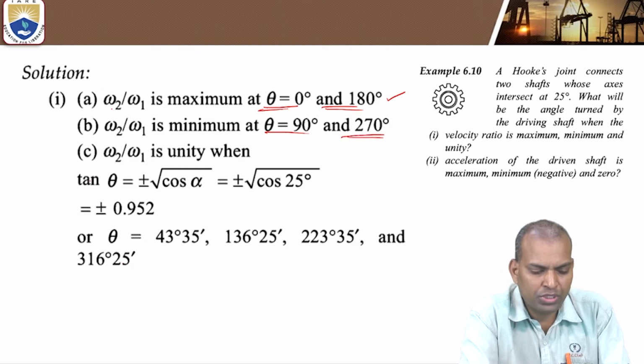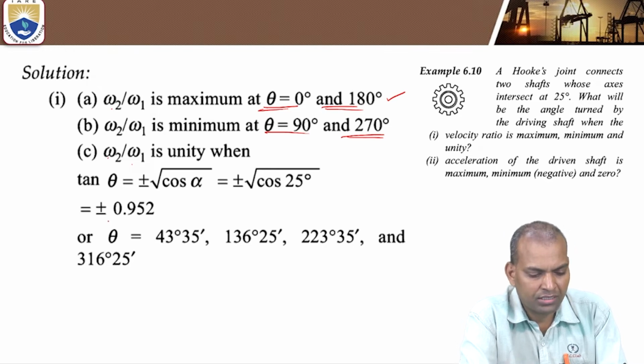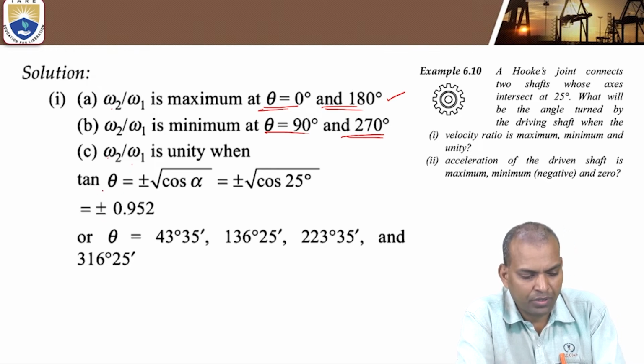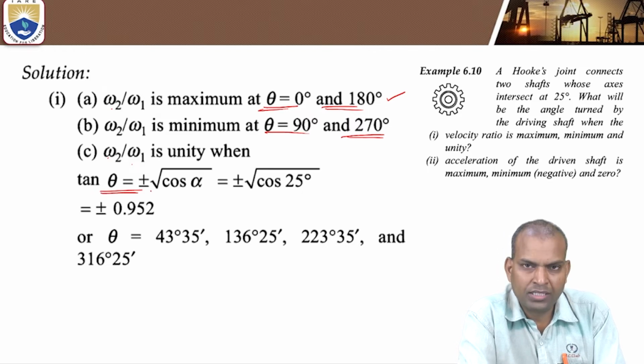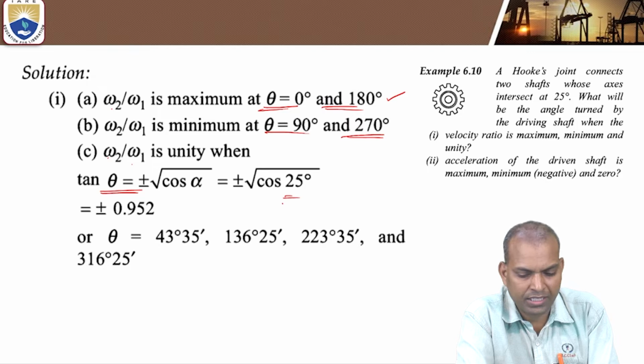And it is unity, that is omega 2 equal to omega 1, when tan theta equals plus or minus root cos alpha, with alpha equal to 25 degrees.